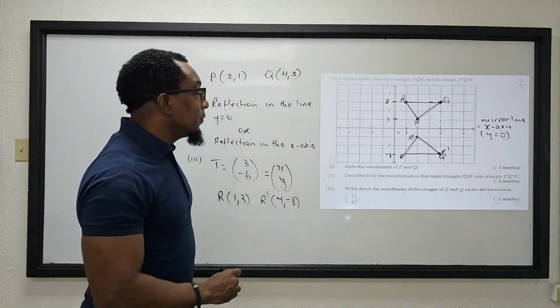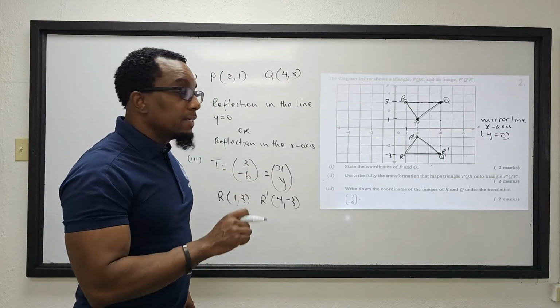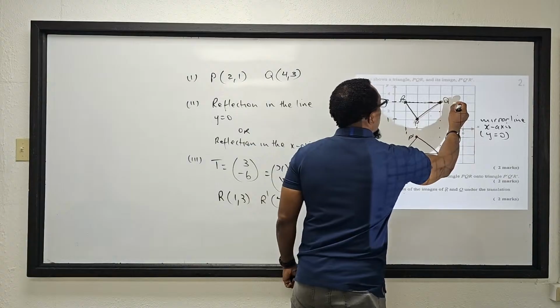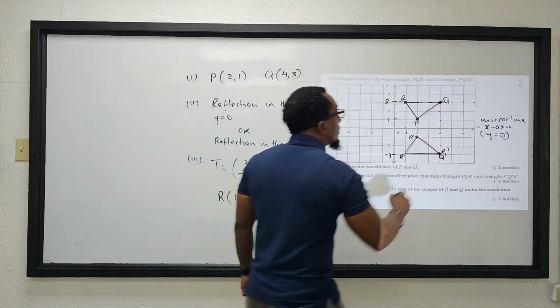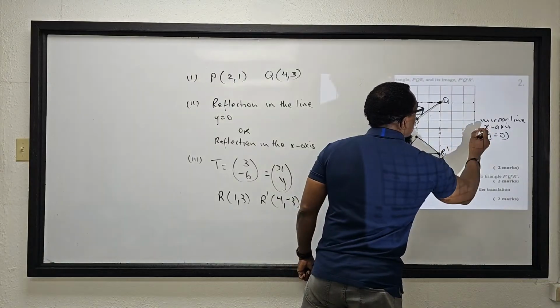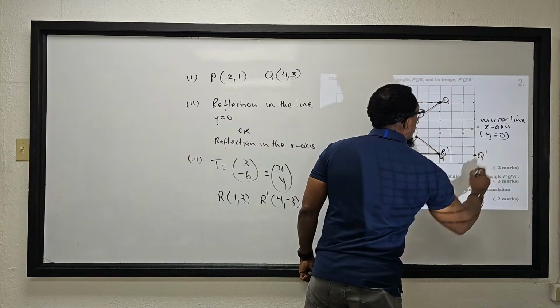Let's do the same for Q. So I'm going to move 3 places to the right because it's positive 3. So this will be 1, 2, 3. And I'm moving 6 places downwards. So this is 1, 2, 3, 4, 5, 6. So this here will be Q prime.